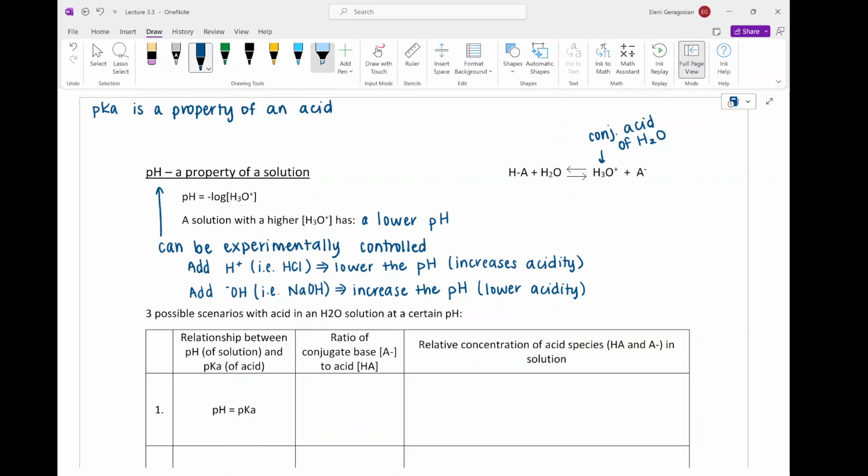So pH can be controlled. Remember, low pH is more acidic. The pH of our stomach acid, human stomach acid, is around 2. That is a low pH. That's acidic. pH of human blood is a little bit above 7, which is very slightly basic.